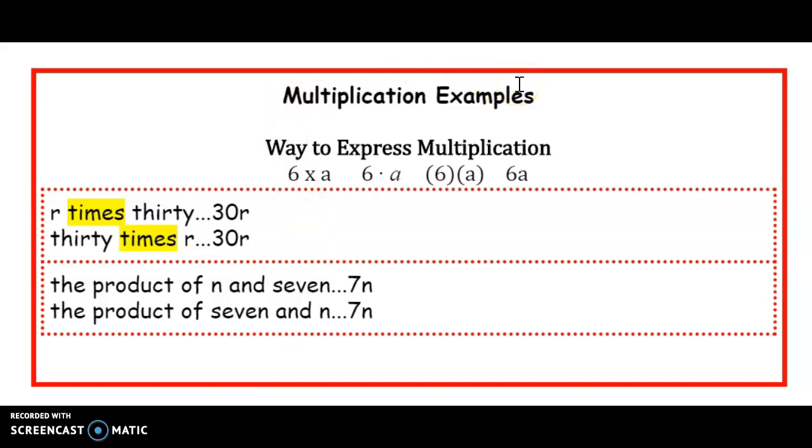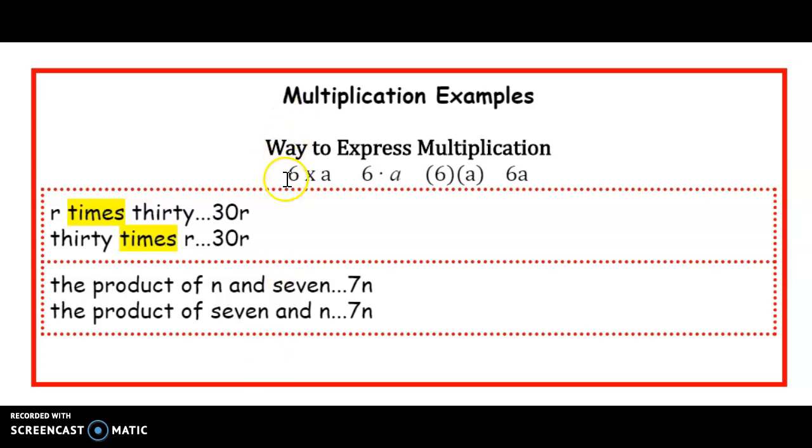Multiplication examples. There's different ways to express multiplication, and we've talked about those at length at the beginning of the year, and I want to just give you a quick refresher on what they are. Because unlike addition and subtraction, in multiplication, the position of things matter when you're writing algebraic expressions.